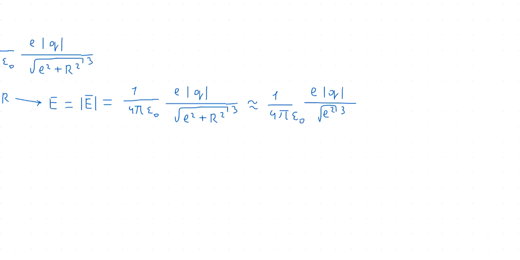We can just simplify this. It will be 1 divided by 4 pi epsilon 0, and here we have L multiplied by Q divided by absolute value of L to the power of 3.